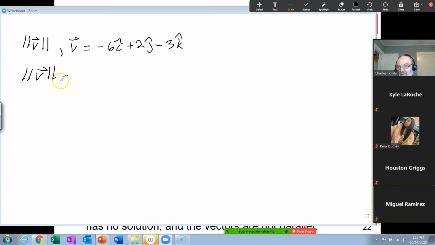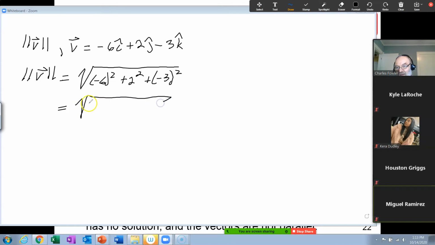How do you get it? The principal square root of the sum of the squares of the components. -6 squared plus 2 squared plus a -3 squared. Actually, you could have dropped the minus signs all along, but I just wanted to keep them there.